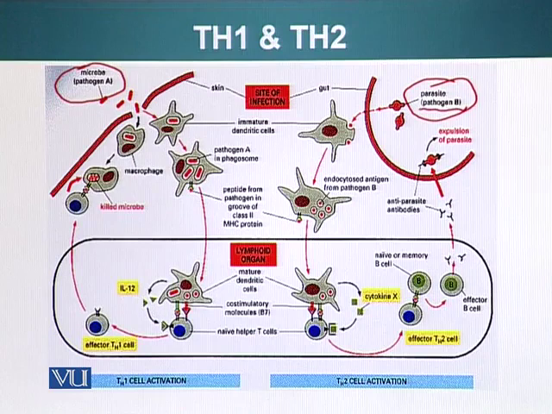So pathogen A, when it enters the body, will encounter the immature dendritic cells right here. These dendritic cells will engulf pathogen A, phagocytose it, and fuse this phagosome with the lysosome, degrading pathogen A. When they do that, as we have talked about, antigen-presenting cells have major histocompatibility class 2 molecules.